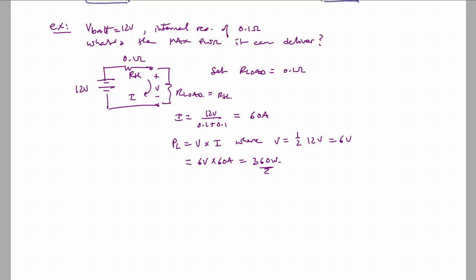Either way, if you increase or decrease the load resistance, you will never be able to get more than 360 watts out of it. And by the way, while you're extracting 360 watts from it, you will also be dissipating 360 watts inside of it in its Thevenin resistance. The voltage source inside that battery will actually be delivering 720 watts.